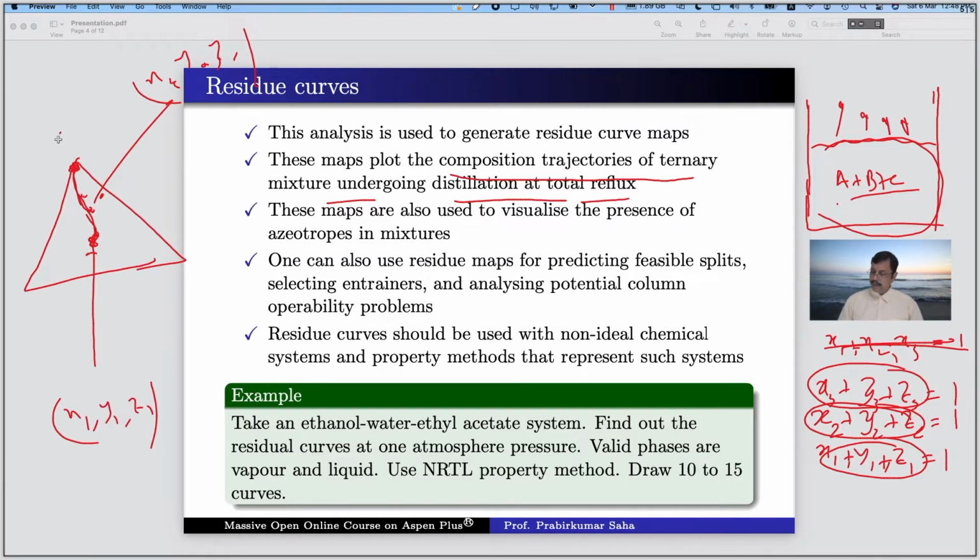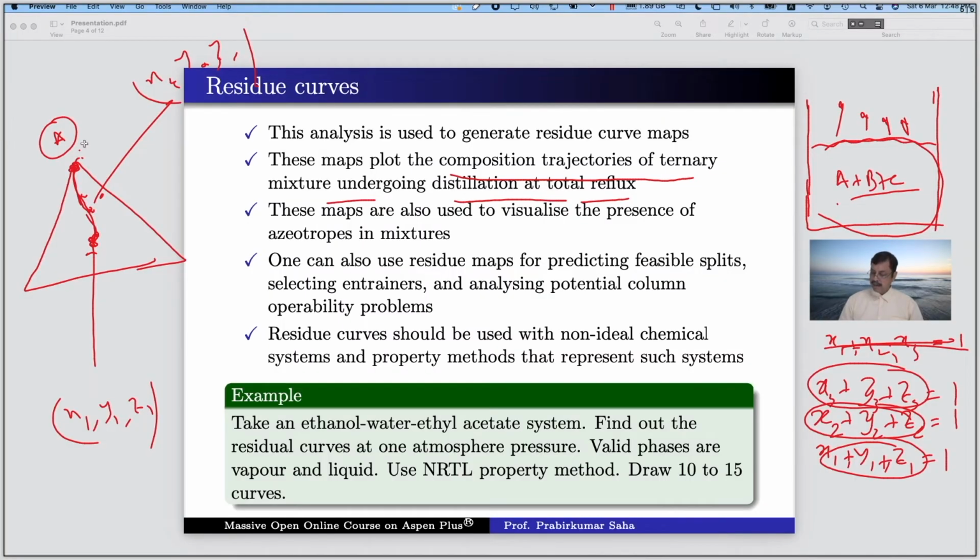Where it will end? It will end at the lowest volatile component, because in the residual curve, the last drop of the liquid which will get evaporated must be the least volatile component. If it is A, then the mole fractions of the last component will be 0 and 0, where xn is equal to 1.